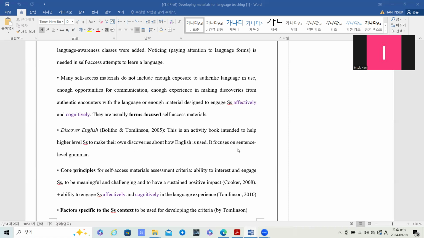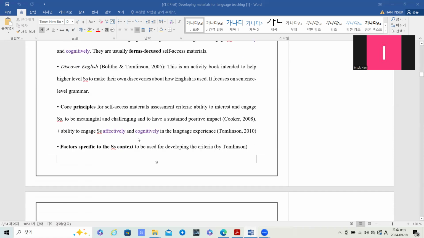And at the same time, it also considers some sentence level grammar. I'm not sure this book involves some affective considerations. So this is the core principle for a good self-access material: whether the materials involve affective and cognitive activities or considerations for the language learners.